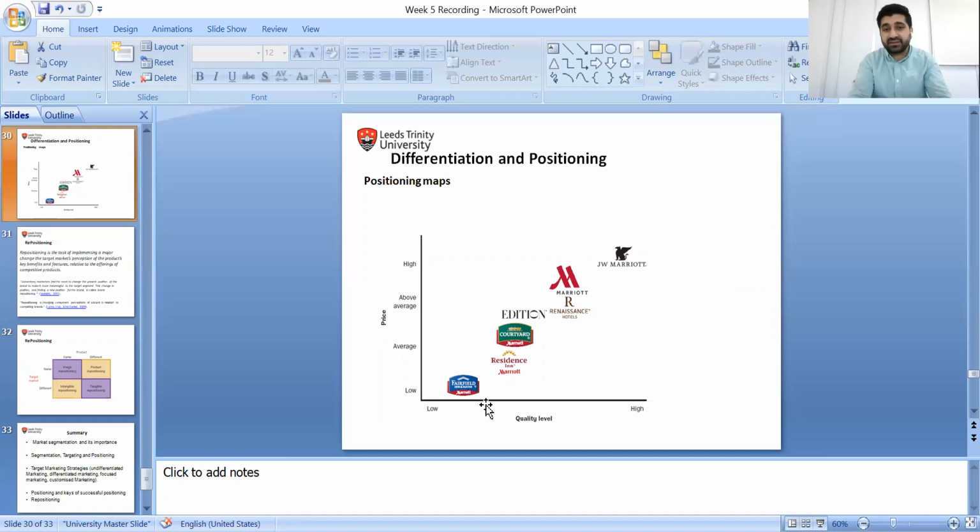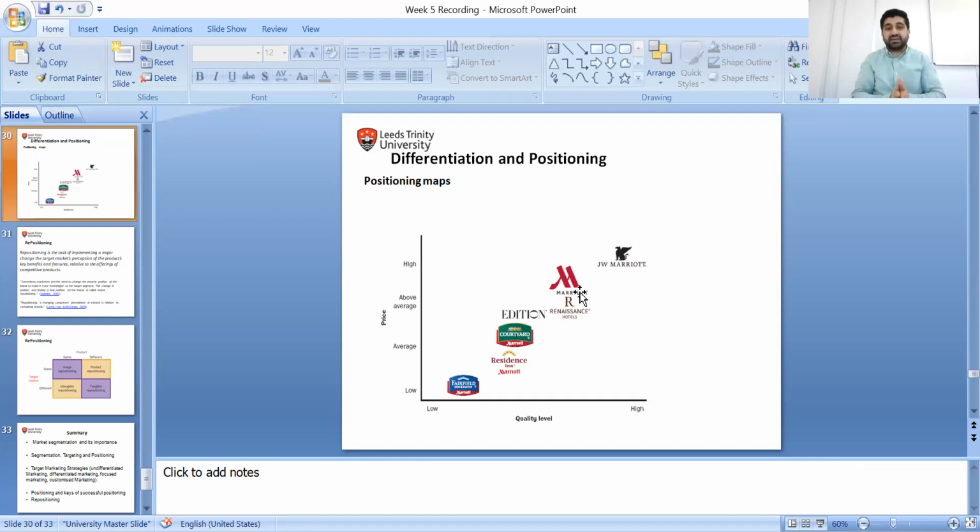Similarly, as we pay a little bit more, there is Residence Inn, Courtyard, and another hotel, Marriott. They are charging high, but the level of quality is very high. As we pay more, the level of quality goes up.